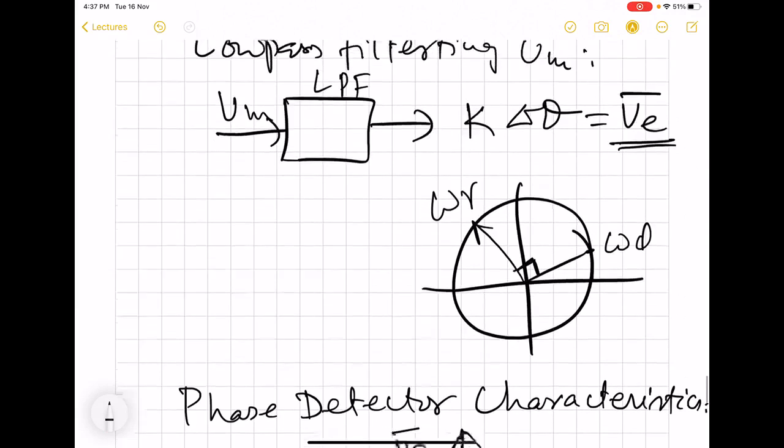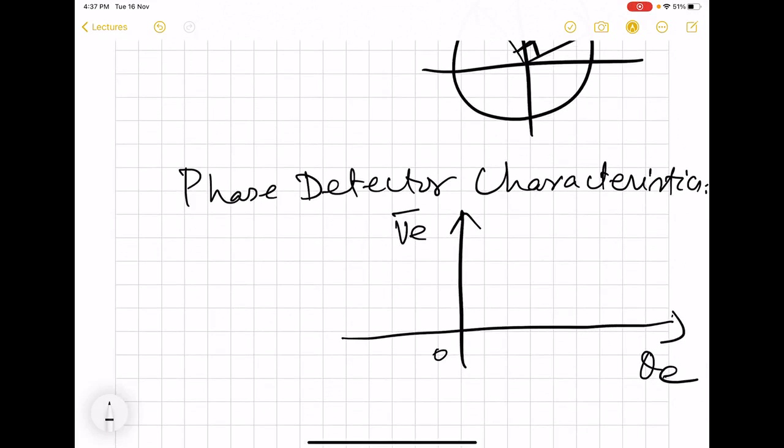So for this case, we find that if the phase error is around 90 degrees, then we will have this kind of relation. And this phase error has to be very small, around 90 degrees.